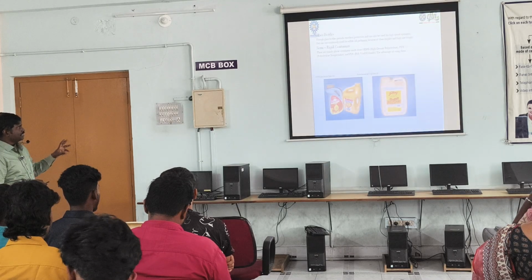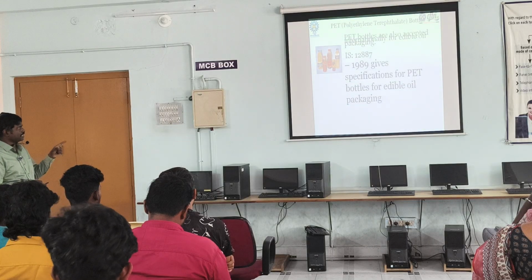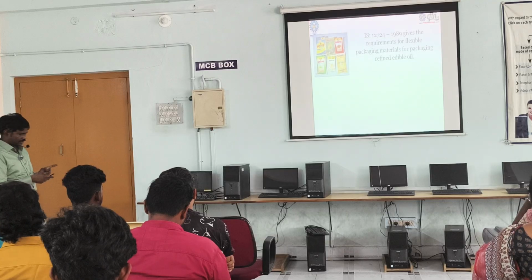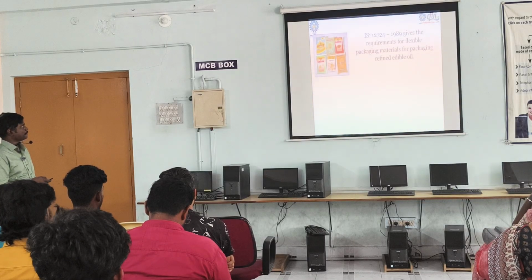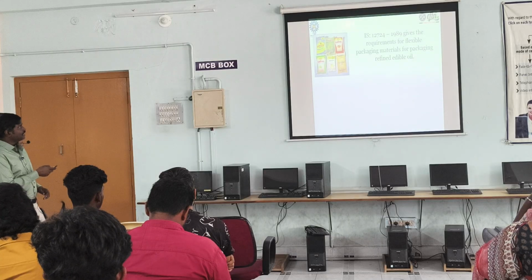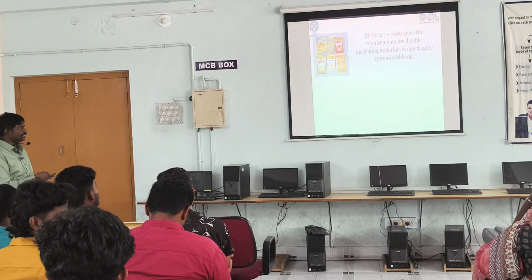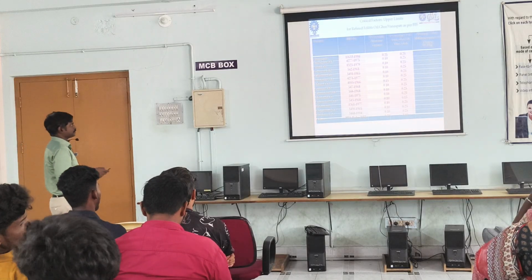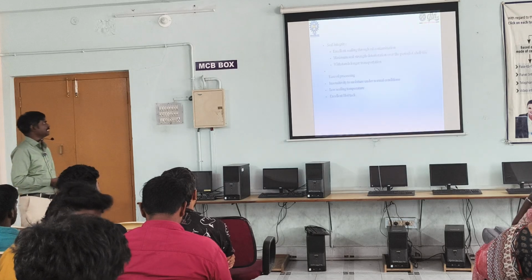Glass bottles, plastic containers, and cans we are also using according to these specifications. We are even using Tetra Pak for oil packaging applications. These are the oil packets. According to this standard, we are making this oil packaging. So we have different types of oil and different types of packaging material.